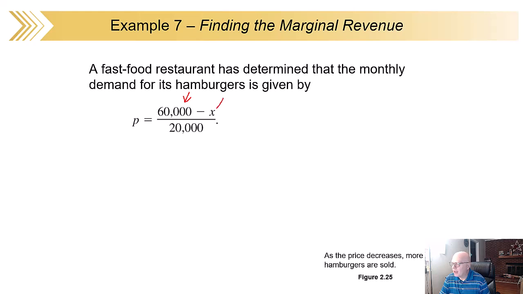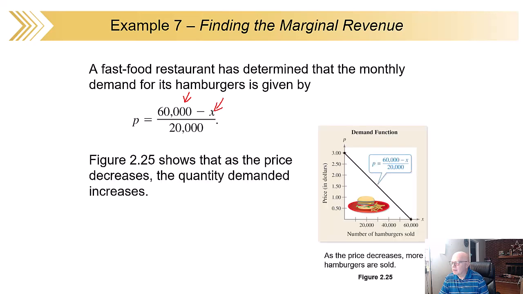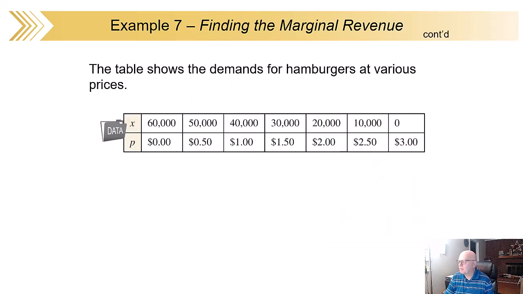This is how many hamburgers you're actually selling. You can see that if you graph this, this is how it goes. The more hamburgers you sell, the lower the price is. That's how you do it.